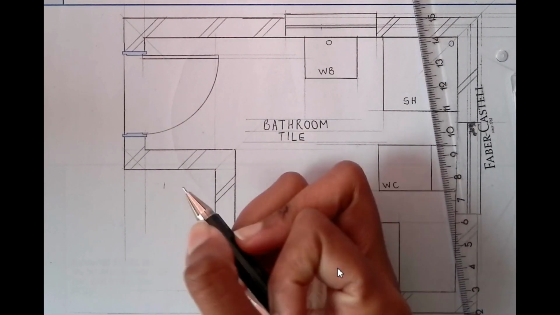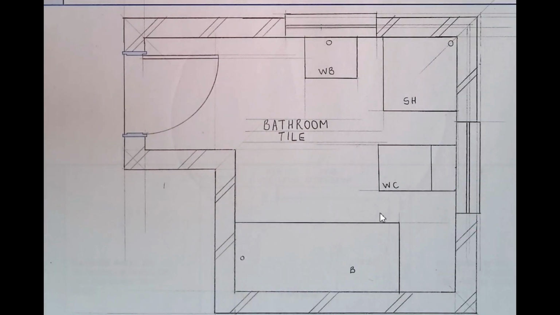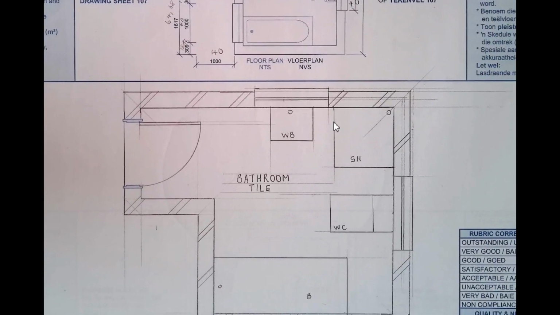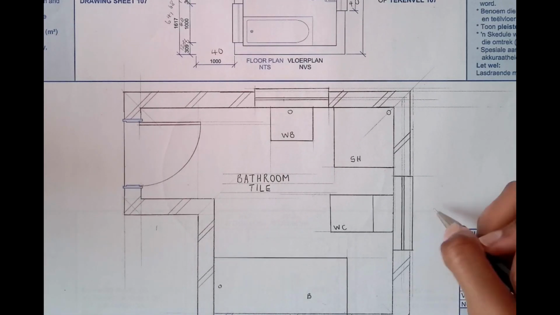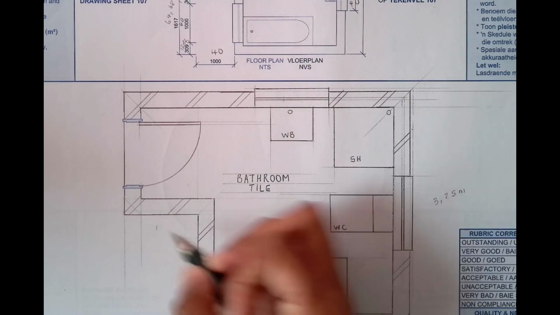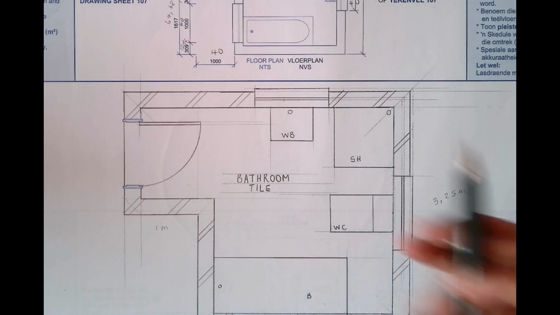When you divide it by 1000 is 1. And then let me just zoom out. And then this whole side here, it was 3250. When you divide that, it gives you 3.25 meters. So this is 1 meter, 3.25 meters.